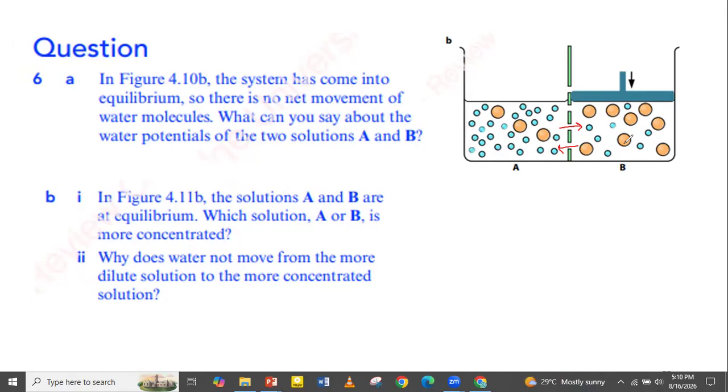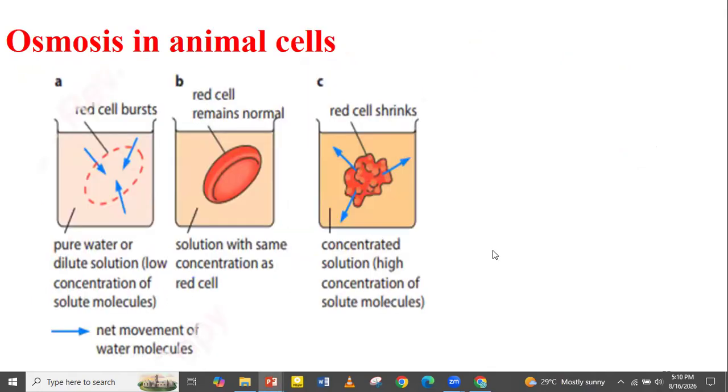They're also asking, why does water not move from the more dilute solution to the more concentrated solution? It is simply because the solutions are at an equilibrium. So we are not going to have net movement of water molecules because their water potentials are now equal.